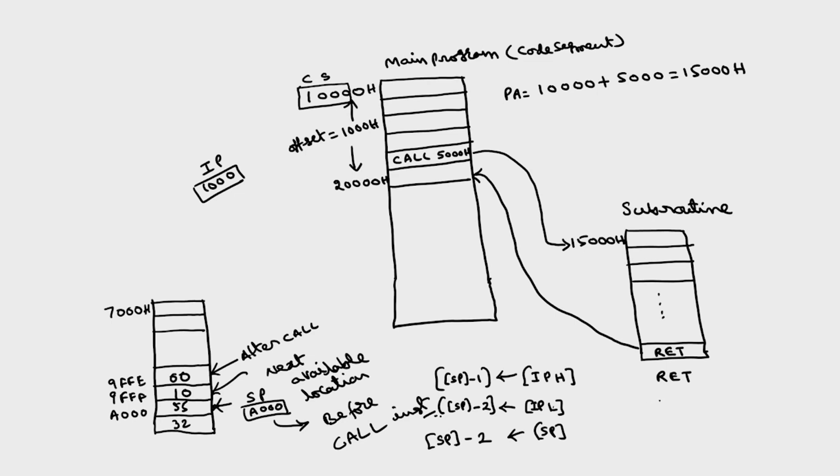The contents of SP is 9FFE, contents of FE means 00. This 00 has to be transferred to the IPL.